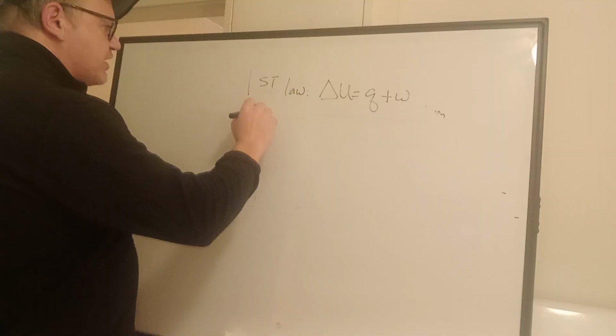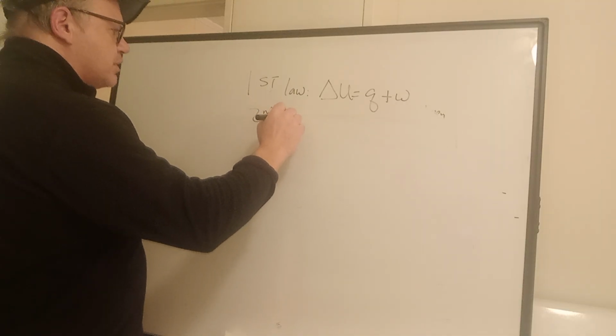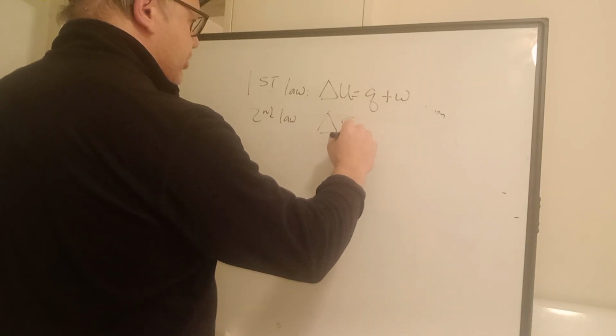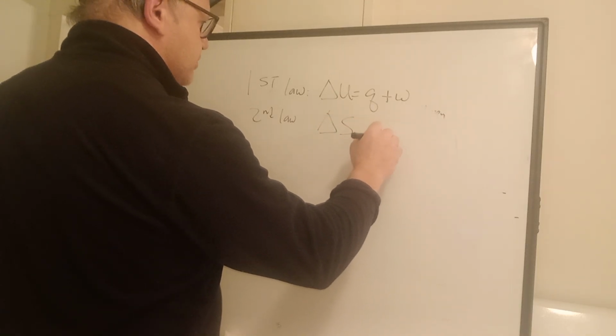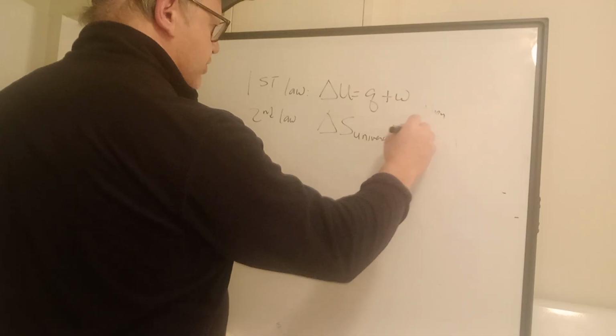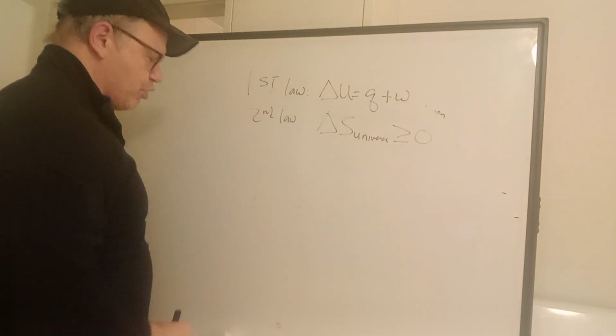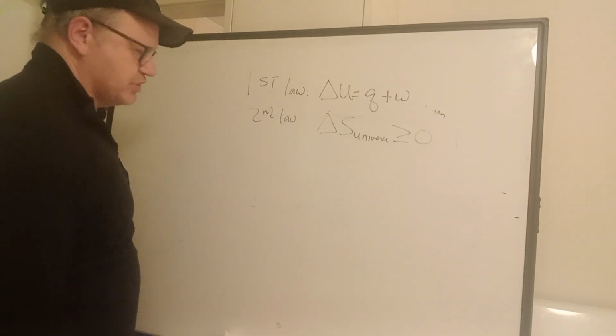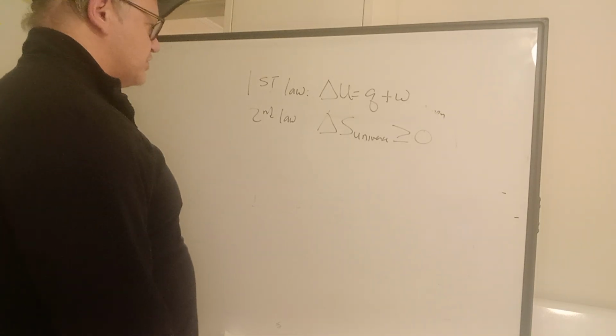You could say the second law deals with spontaneity, and we showed that for processes that are occurring, delta S universe is greater than or equal to 0. So you could say in words, the entropy of the universe is never decreasing, is another way of saying that for any process that's observed.